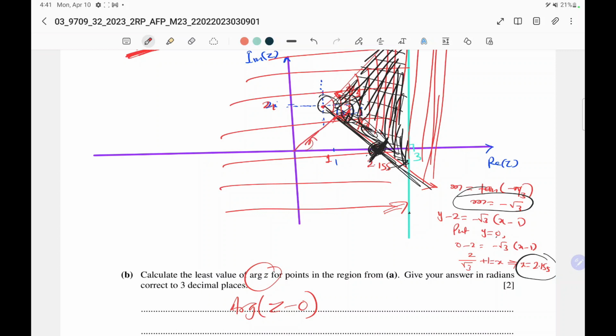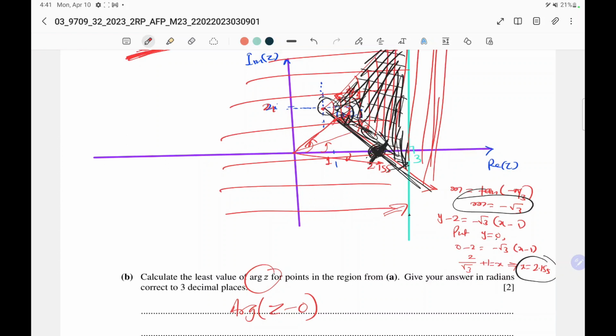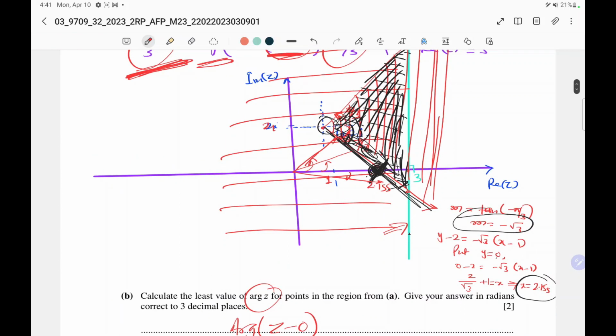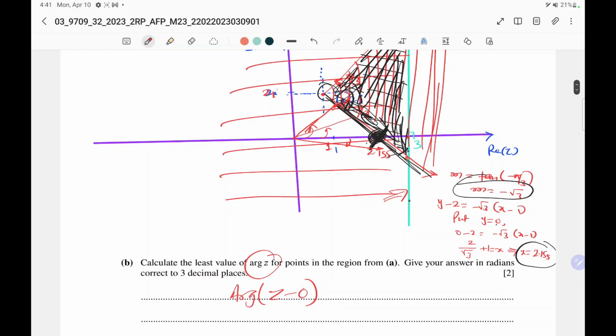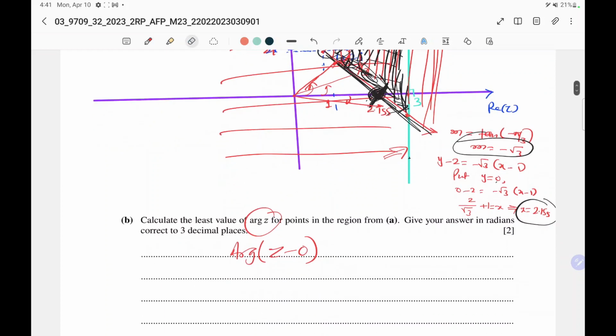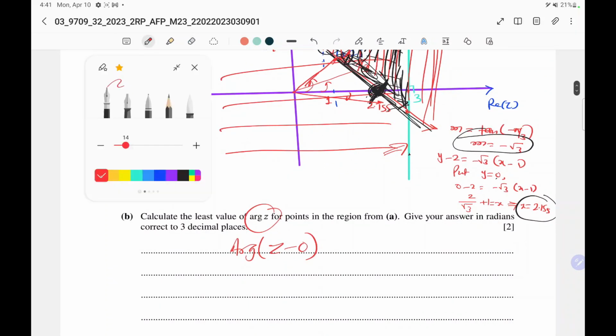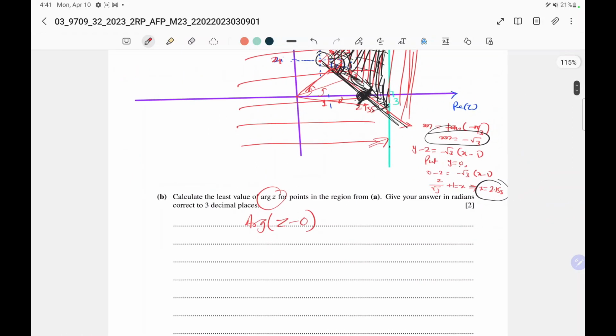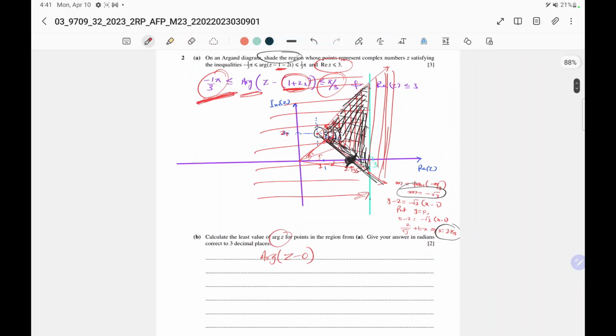So one argument can be this, one argument can be this, and one can be this also, but our triangular region was here, right? I think I should draw one fresh diagram over here. This is just for 2 marks, but the explanation is important, so that's why I'm doing it once again.